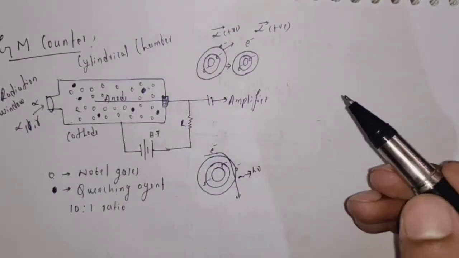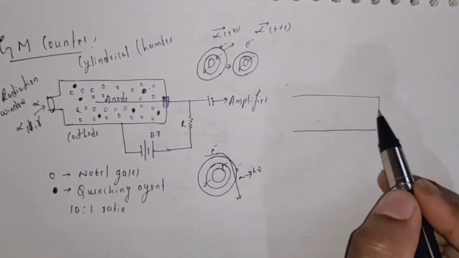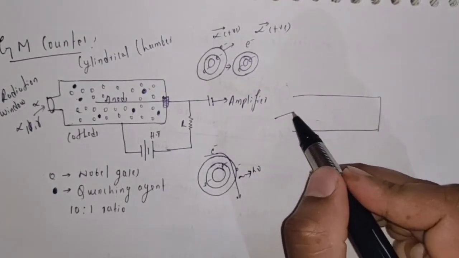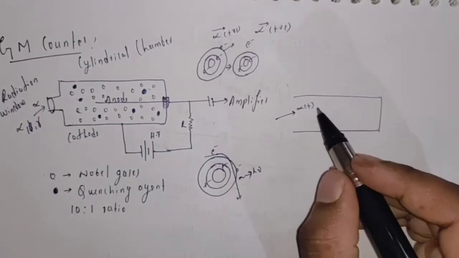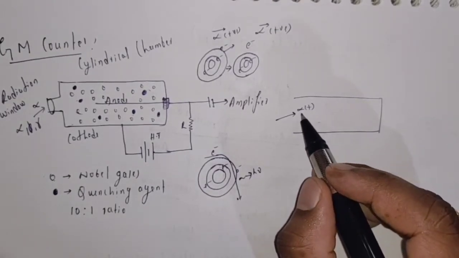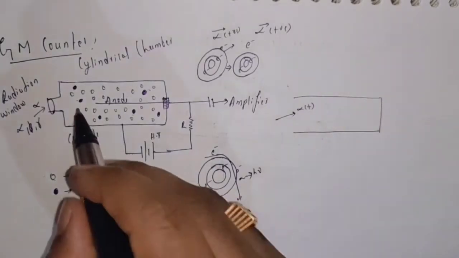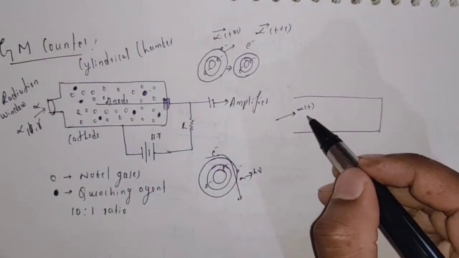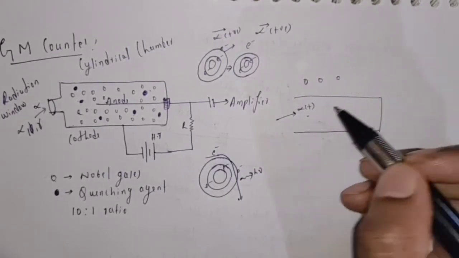Here I am going to explain. Let us suppose this is the cylindrical chamber, and an alpha particle has entered, which has a positive charge. Let us suppose this alpha particle is able to ionize only 3 gas molecules.